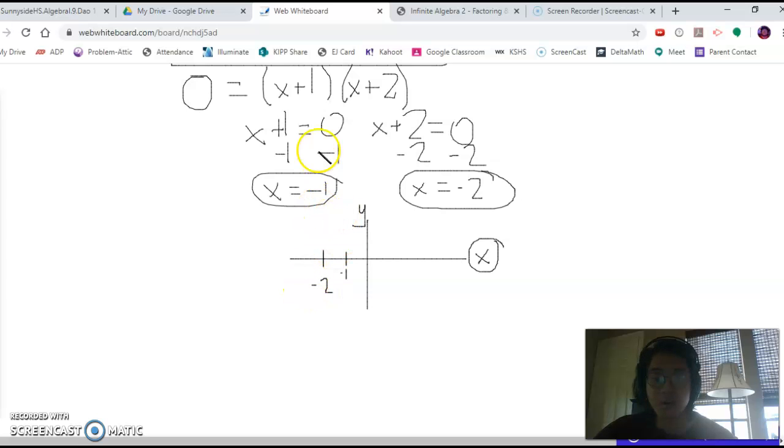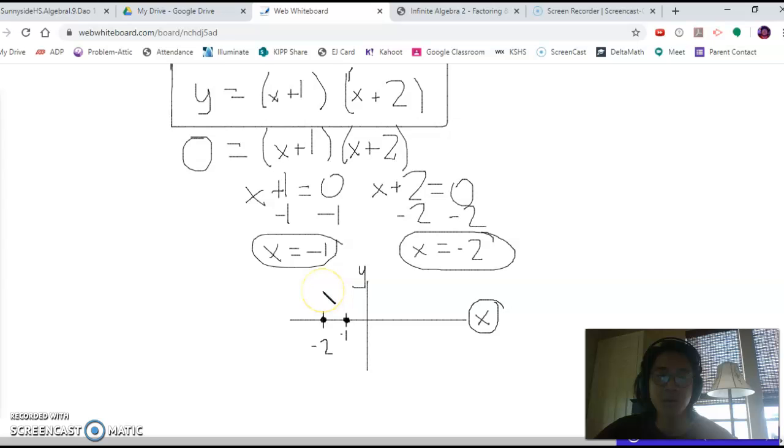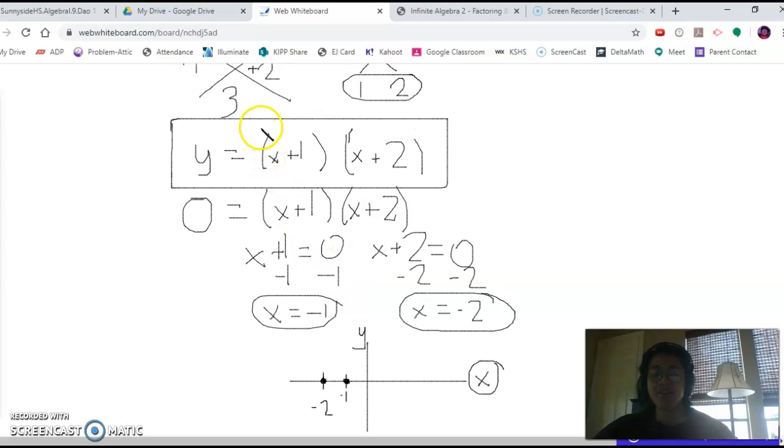And because we have these two, we can actually know that our graph is going to intercept on the x-axis. So those are going to be two x-intercepts at negative 1 and negative 2. And is this entire thing going to be positive or negative? Well, let's see. Is there a number before here for our a coefficient?